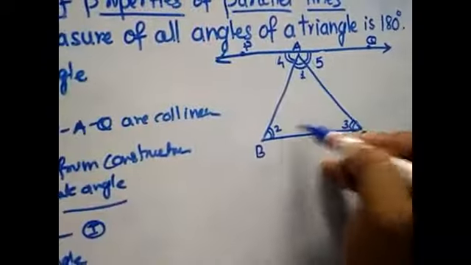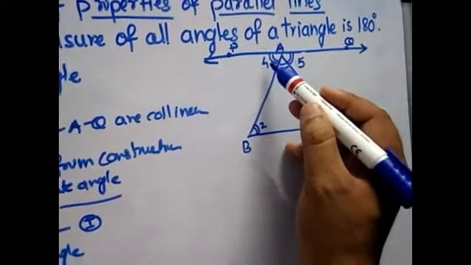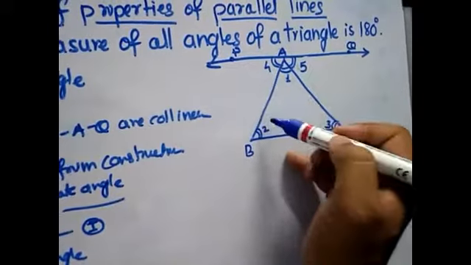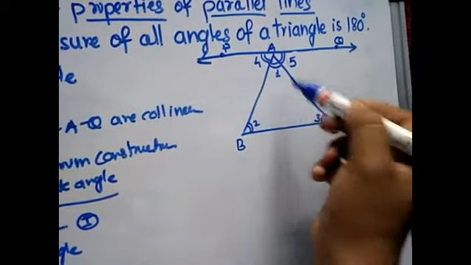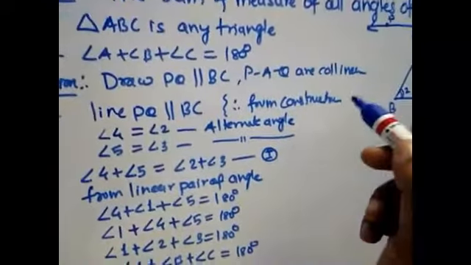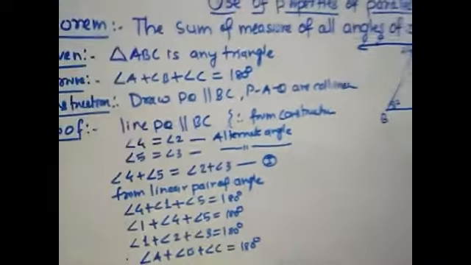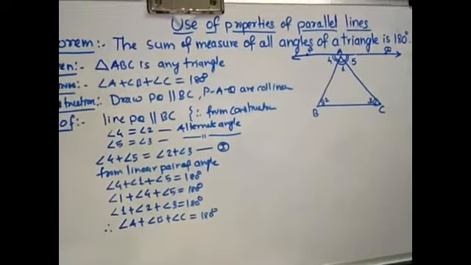These three angles are 180. If one pair of alternate angles is congruent, then the other pair is also congruent. So from that we can prove that the sum of measures of all angles of a triangle is 180 degrees.